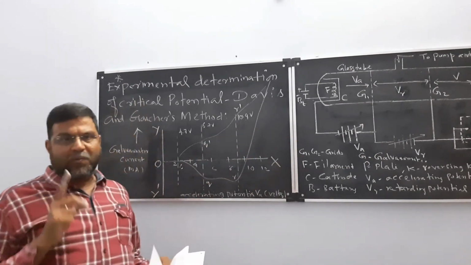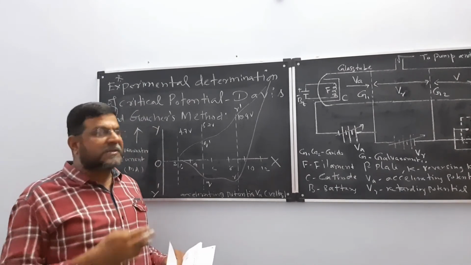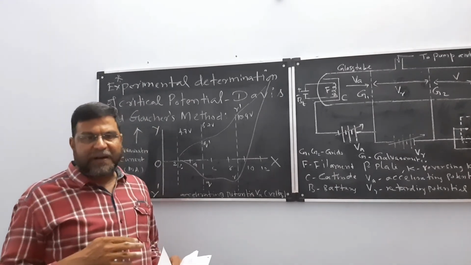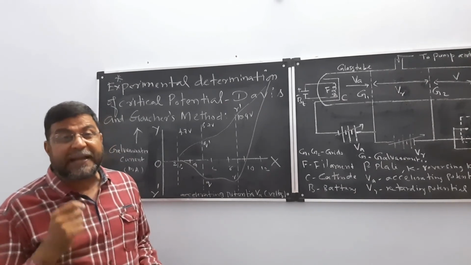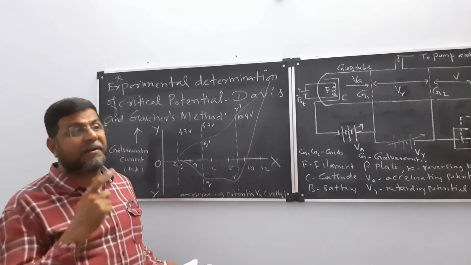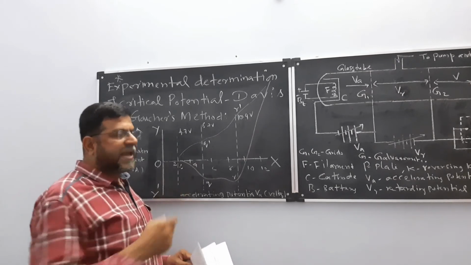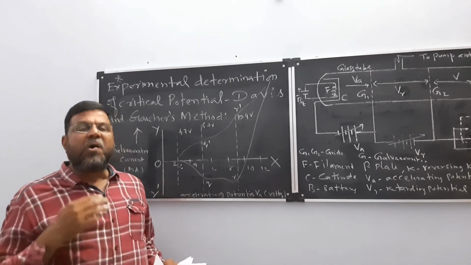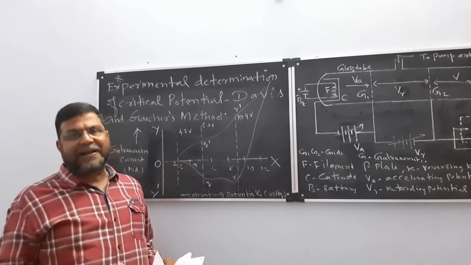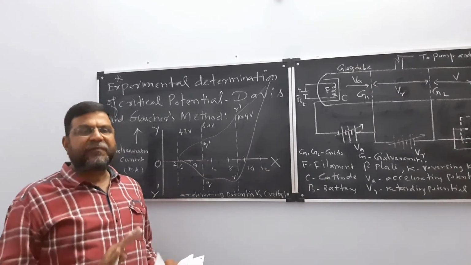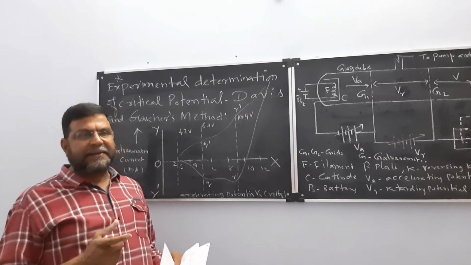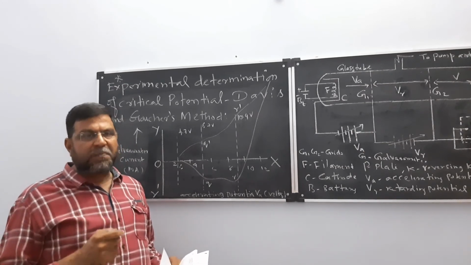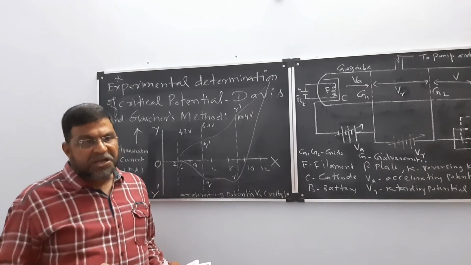There they used only one grid. Here they are using two grids, and they performed the experiment, and they were able to give a very good result compared to Franck-Hertz. These experimental results are very important, because with the help of this experiment only we are able to clearly identify the excitation potentials and ionization potentials.